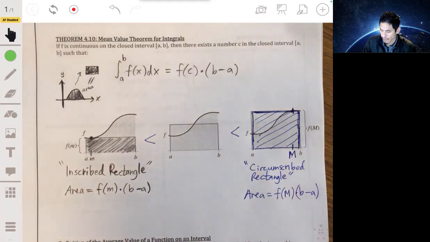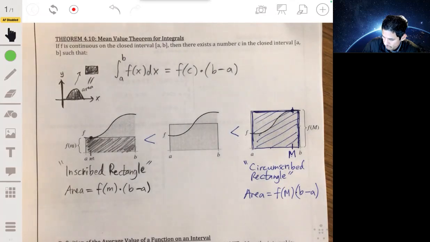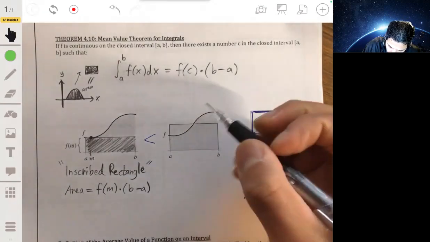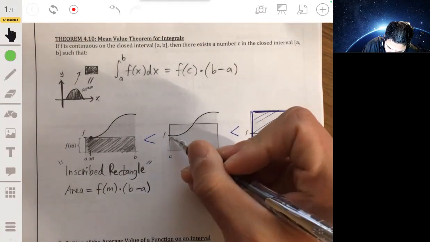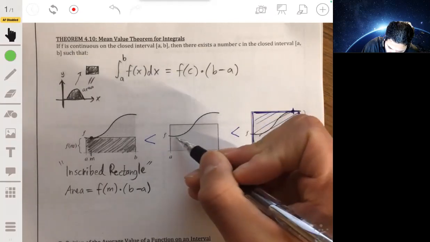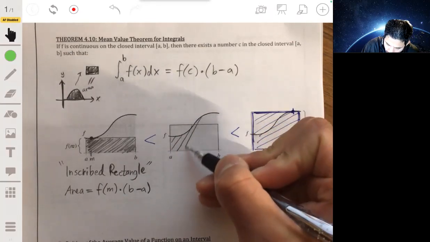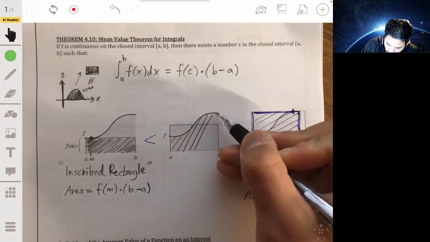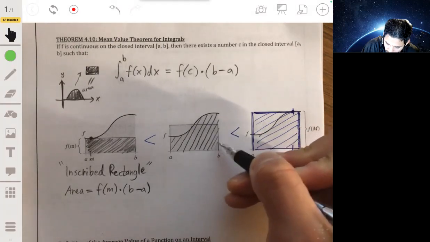Now the true area, again, let me just shade it. The true area of the integral from a to b is this area here.